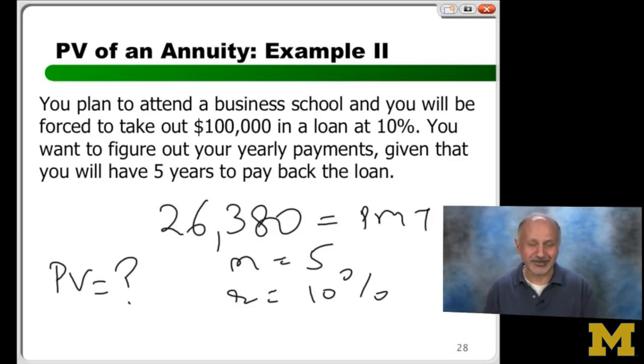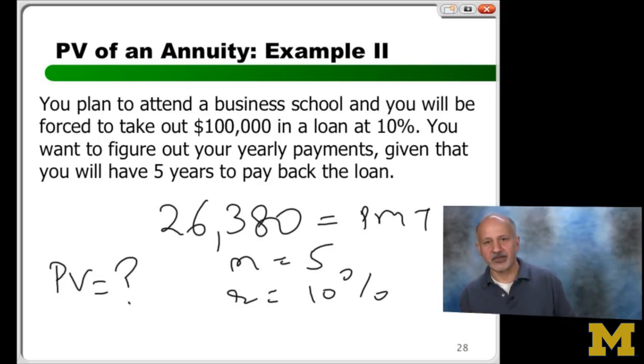Actually, you know how to do something very profound. If you do this exercise, which I encourage you to do, it has to be $100,000, right? Because you're just going back and forth with the same problem, okay? So $26,380 is the amount of money that you'll have to pay every year on a loan.